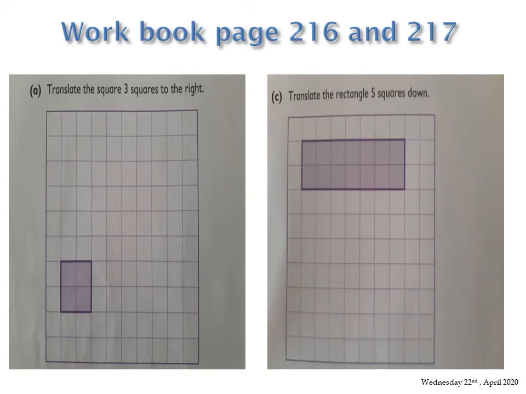Now let's see this example we took from our workbook. This now has given an instruction: translate the square 3 squares to the right. The instruction has been given. We are the ones now to plot the translation. Now let's try to plot. Remember, we take it point by point. Where is the first point of this shape? This is a square. Don't mind the way it looks.